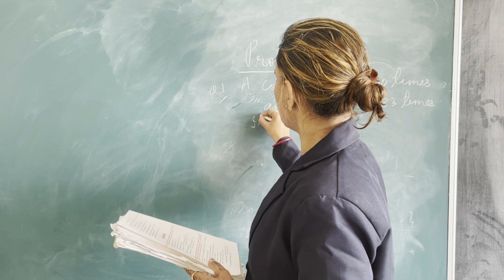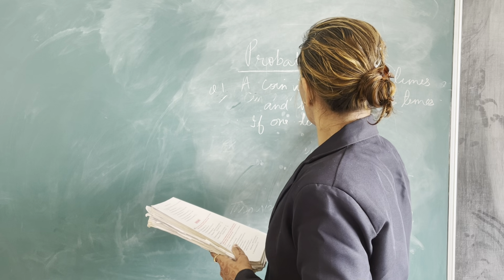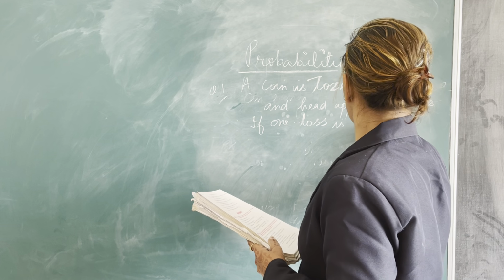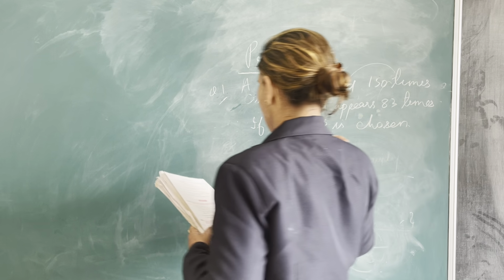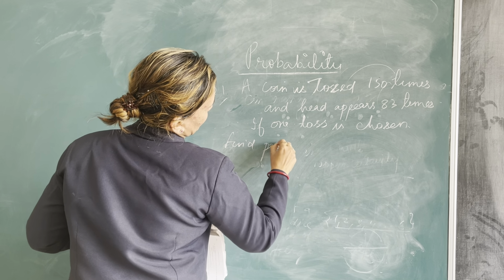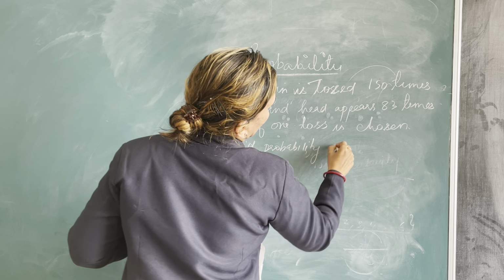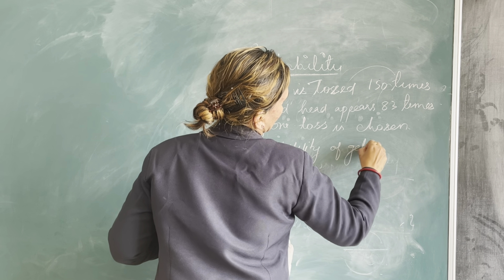If one toss is chosen, find the probability of getting tail.